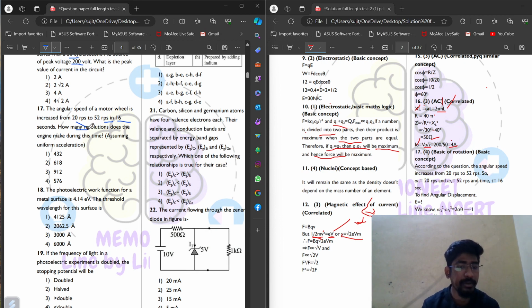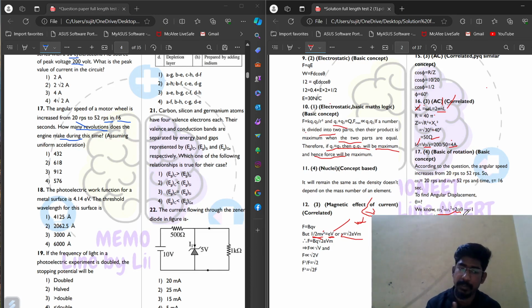How many revolutions does the engine make during this time? You have to calculate the number of revolutions, right? So how to calculate the number of revolutions? I think all the things are given. So just put the value here: omega 2 square minus omega 1 square equals 2 alpha theta. In kinematics, that is v squared equals u squared plus 2as, right?